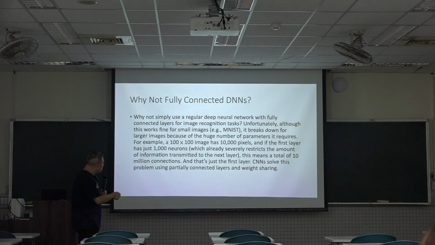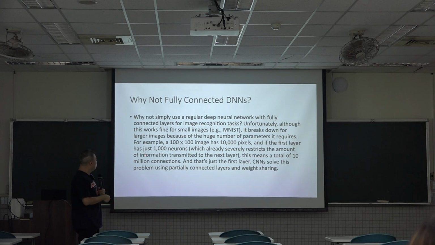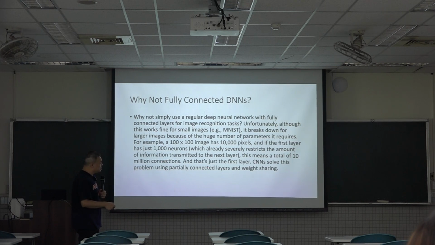With just 100 by 100, you have 10,000 pixels. If the first layer has 1,000 neurons, this means a total of 10 million connections. That's just the first layer.